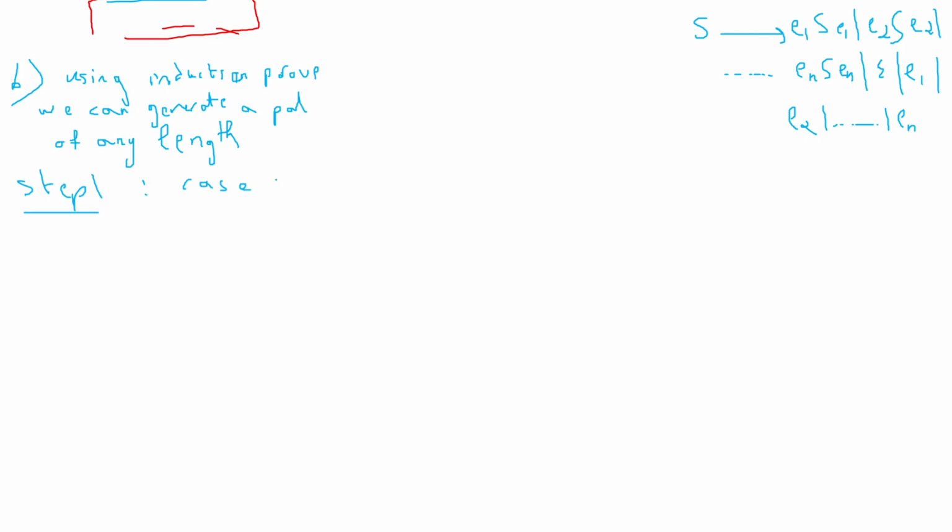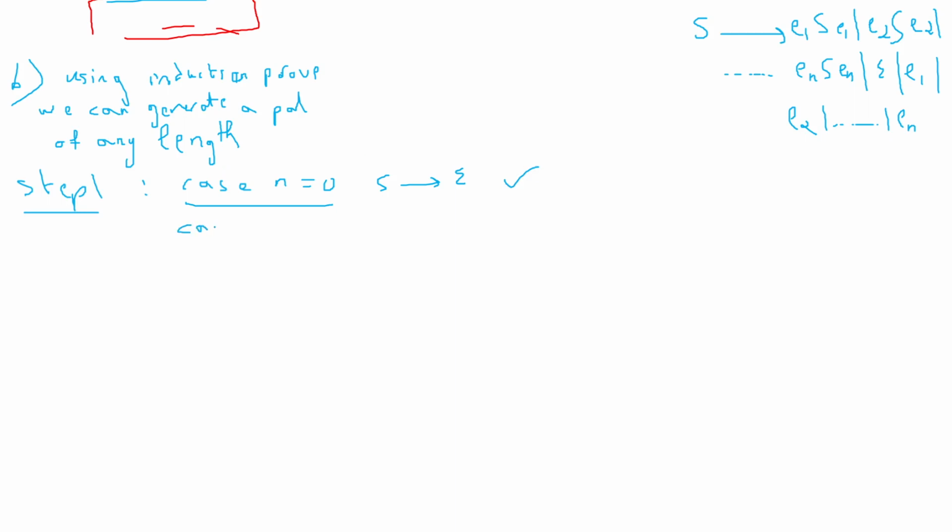So let's say a case where n is 0. So n is going to be the length of my string. Do I generate all the strings that are of length 0? Do I generate the empty string, in other words? Yes. I have the rule S goes to epsilon. So I'm able to generate all the strings of length 0 that are palindromes. It happens to be only 1.